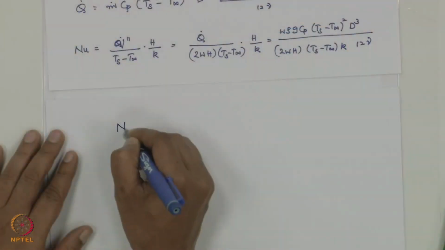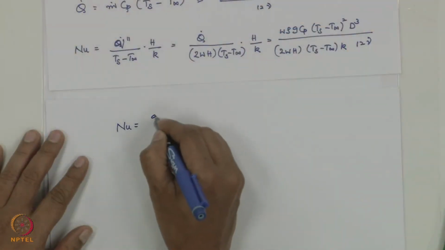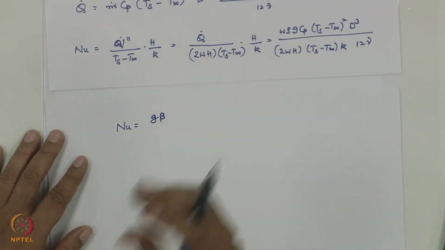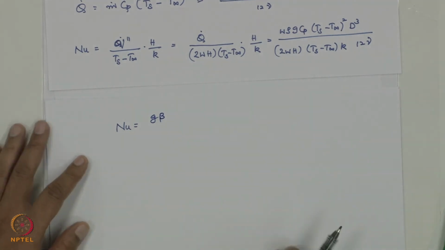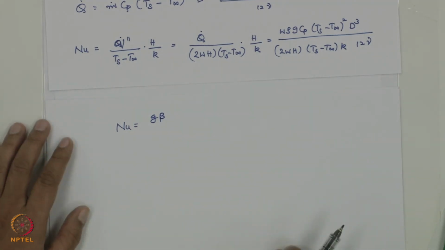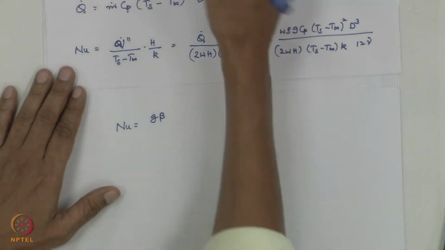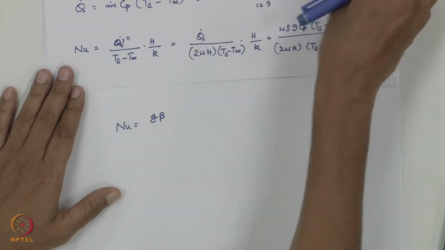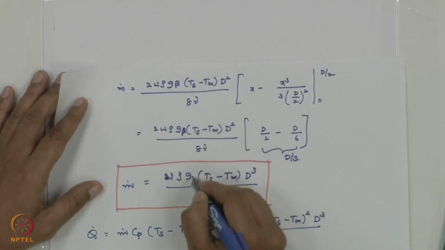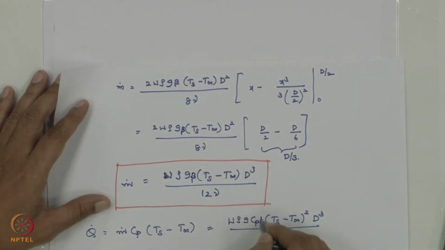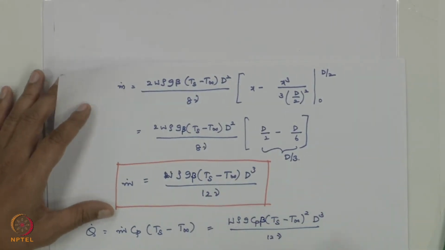Nusselt number as g beta, m dot Cp. Beta has gotten missed out here, sorry, beta in the subsequent steps has gotten missed out, but beta is there.